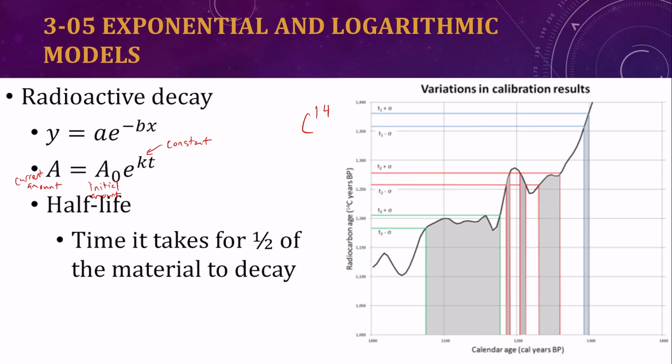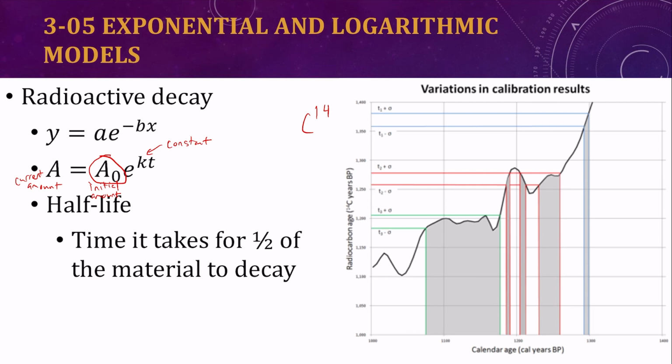Only it's not quite so simple, because we have to know the initial amount. Well, we weren't there. We don't know what the initial amount was. So they make an assumption that it's similar to what it is now. Oh, but wait, with more industry and burning of fossil fuels, there's a different amount of carbon-14 in the atmosphere than what there used to be.